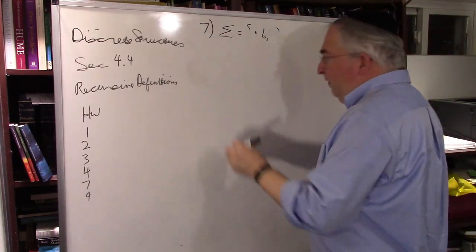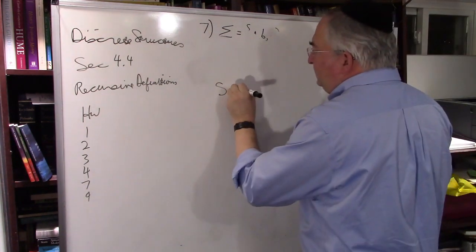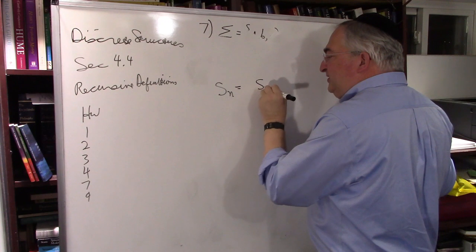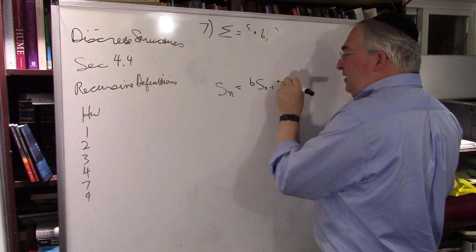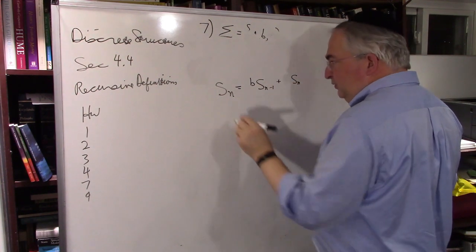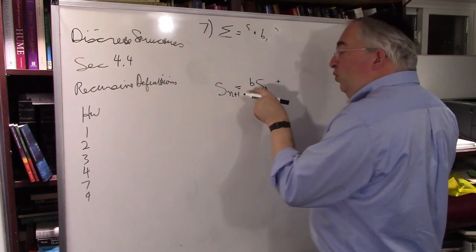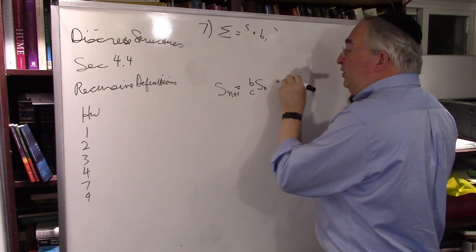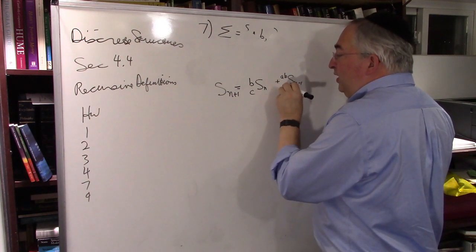In general, S(n+1) is equal to, well, a word in S(n) that starts with a B, or a word in S(n) that starts with a C, or a word in S(n-1) that starts with an AB or an AC.